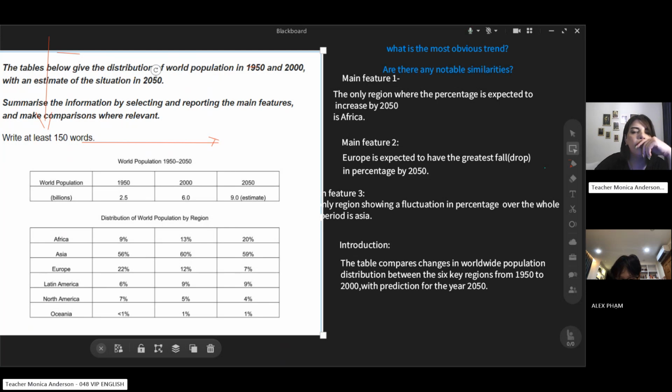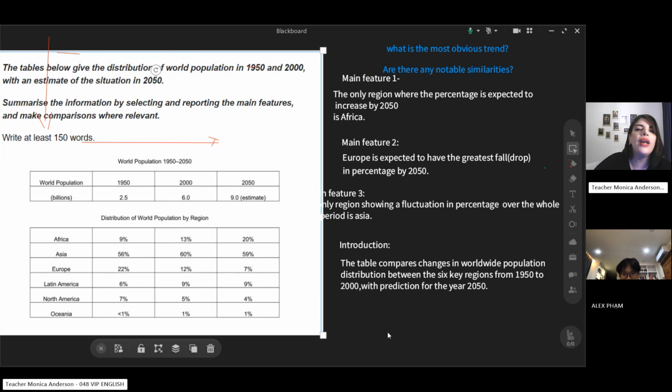So here you only need to link your sentences using, for example, sequencers, sometimes connecting words. So here, while, because you want to compare: while Europe is expected to have the greatest fall in percentage, right? Okay, so this is our overview.